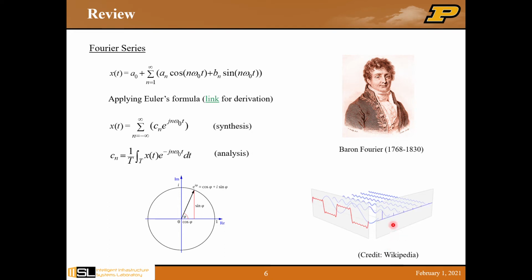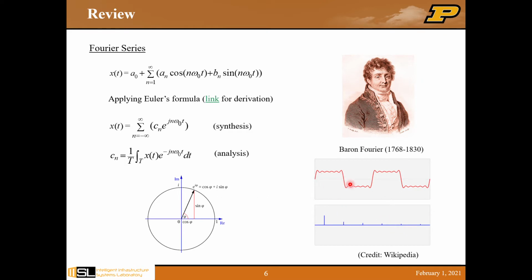This is the figure I got from Wikipedia, which I believe is very illustrative and helpful. Imagine you have a square signal and you want to represent it as a series of cosine and sine functions using the Fourier series. Here it shows how it works.